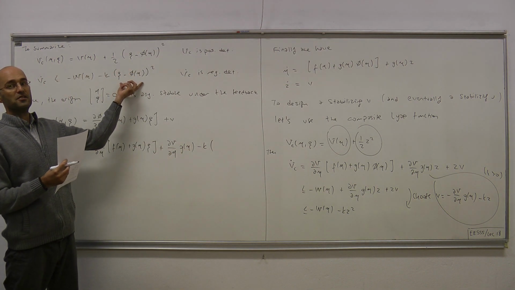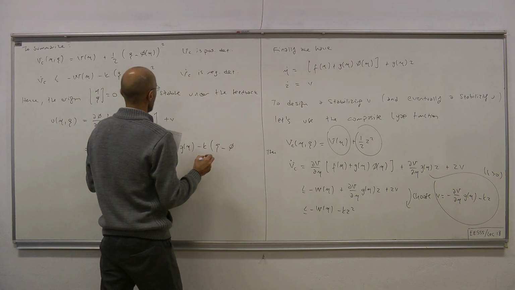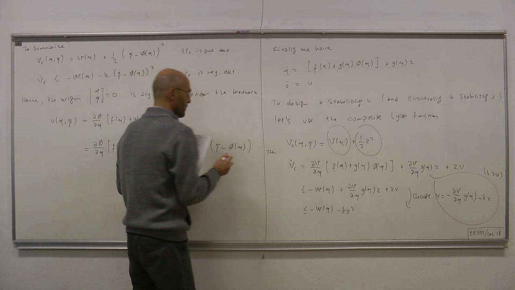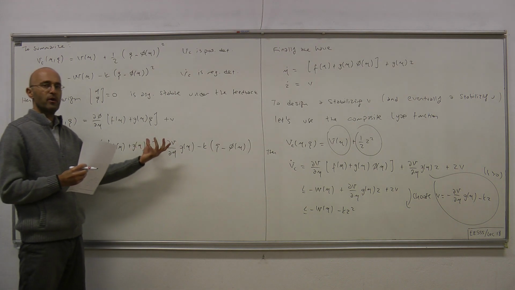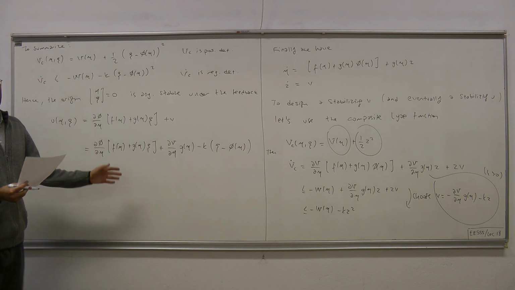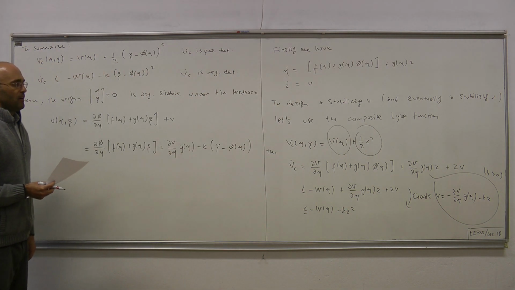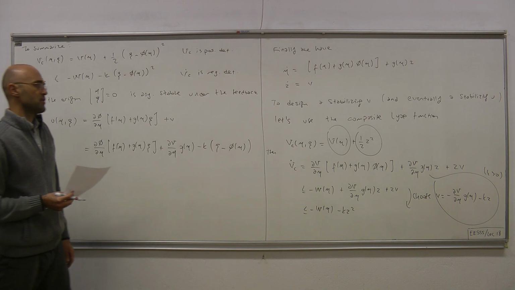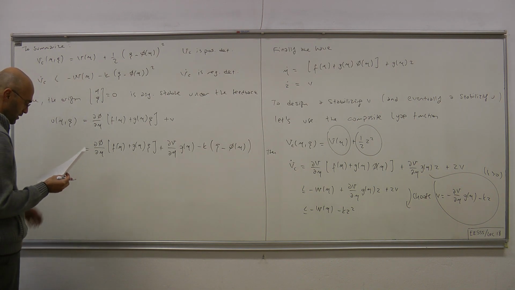And what's z? This difference, Xi minus phi of eta. Okay, it looks a little bit complicated. We have a lot of terms, but it doesn't matter because we have established through a solid Lyapunov function that the origin is asymptotically stable.